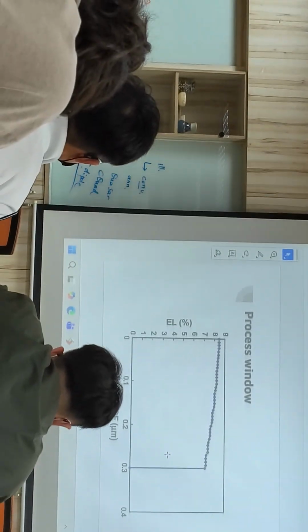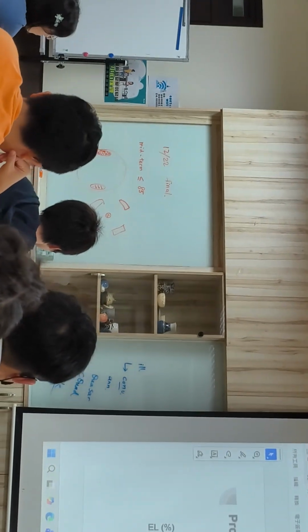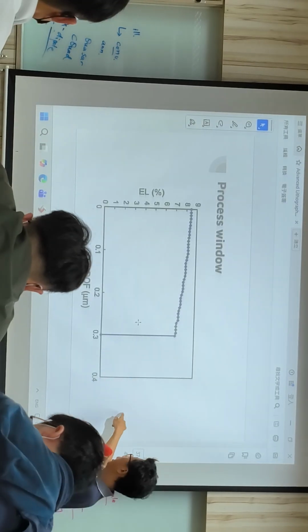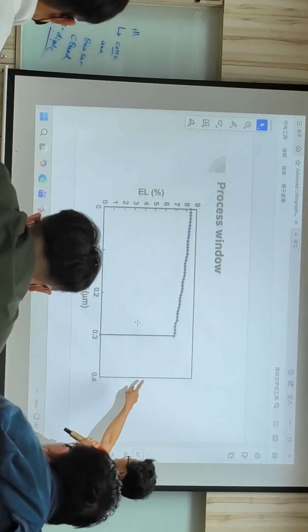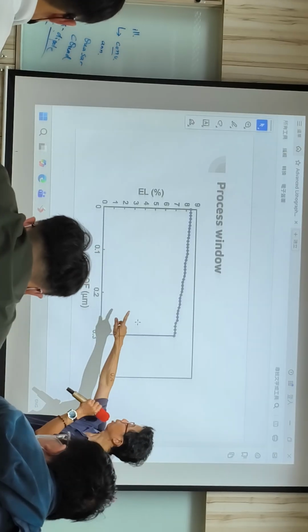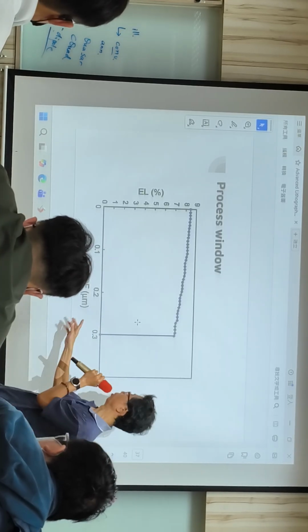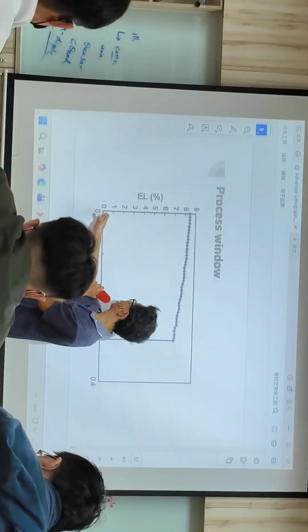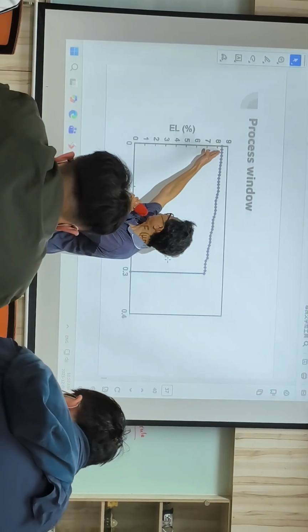For the last couple of minutes of the hour, a lot of time we plot this, besides this oval shape to show the process window, we have this to show. That means when you have zero depth of focus, what is the EL you have.